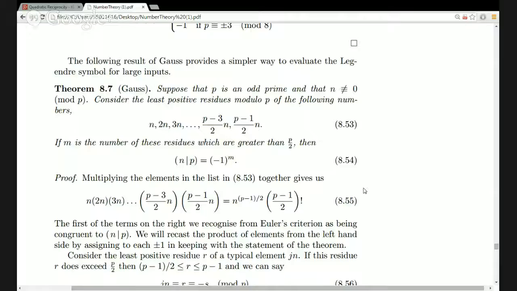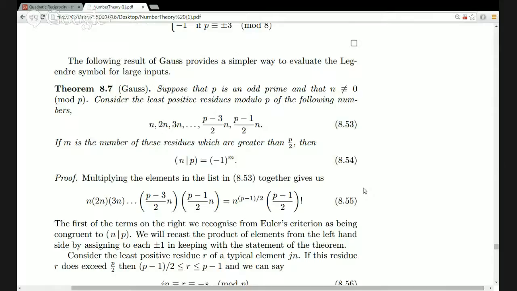But now, if you're looking at residues of these things, an idea involved here was that we were looking at residues modulo p of a multiple jn, where j is between 1 and p minus 1 over 2.